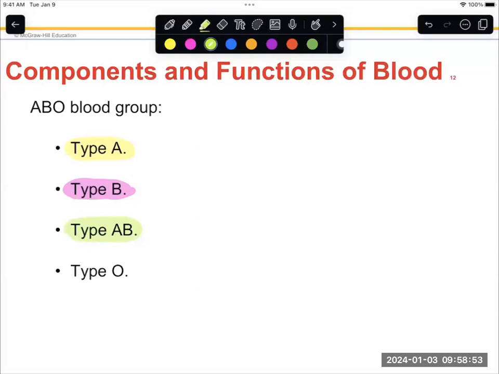Type O, since there are no antigens, there's no cell surface marker on it, it's not going to respond to those anti-A or anti-B antibodies that are found in people's blood who have type A, type B, or type AB blood.